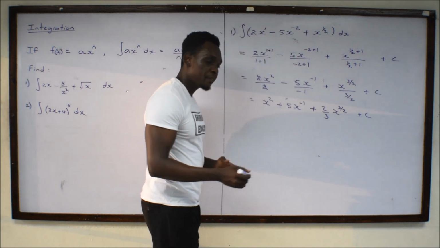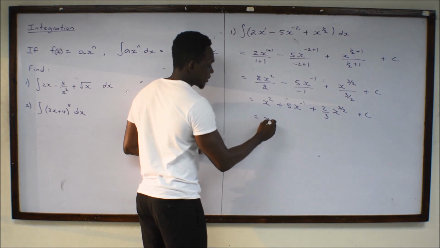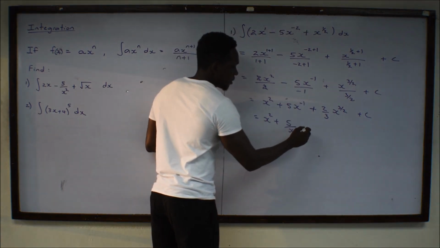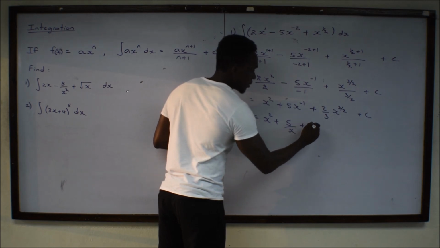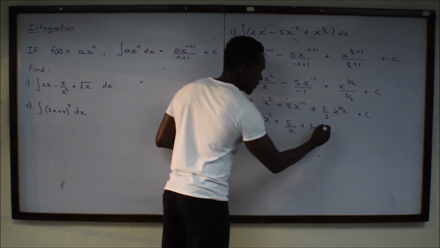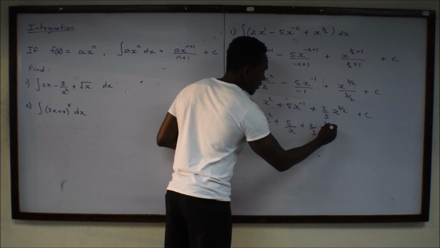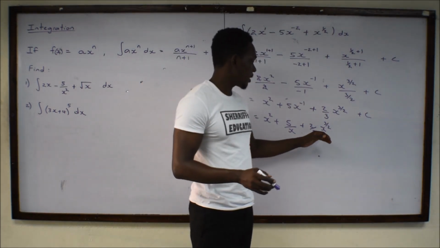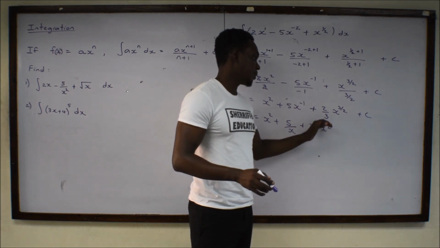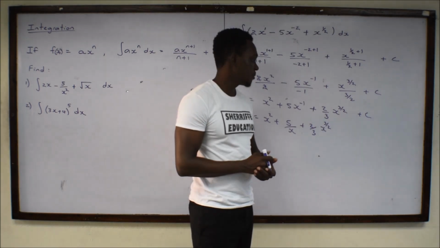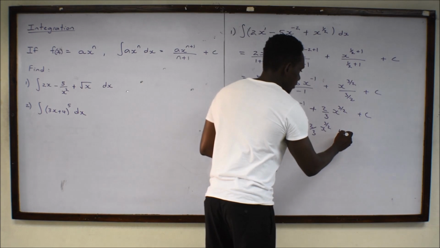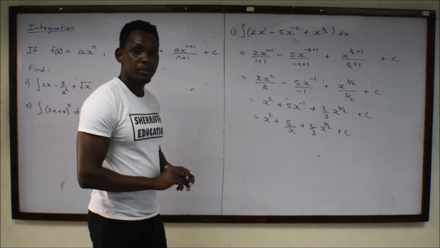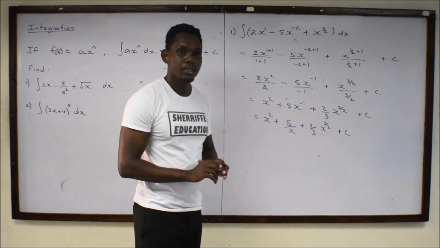We could even go a bit further and say x squared plus 5 divided by x plus 2/3 x to the 3 halves. Or we could also say x times the square root of x cubed, but we'll leave it here. So that would be our solution.